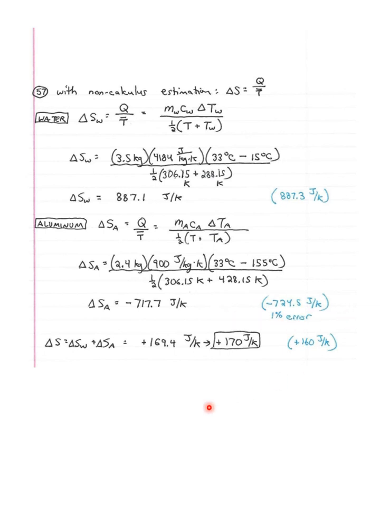Well, in the end, we can add them up, the entropy of the water plus the entropy of the aluminum, and we get plus 169.4 joules per Kelvin. I'll round that to two significant figures to 170 joules per Kelvin. And keep in mind the original answer on the previous page when we did calculus was plus 160 joules per Kelvin. So our answer is kind of close.